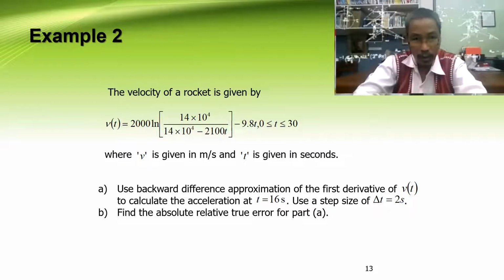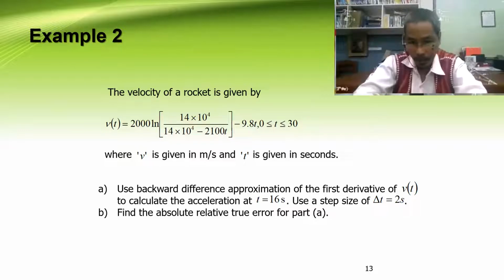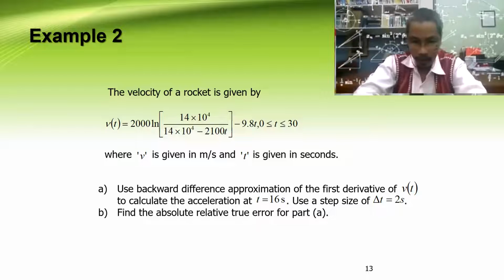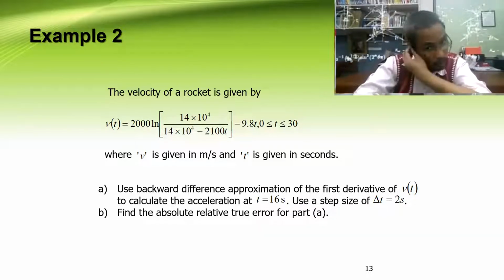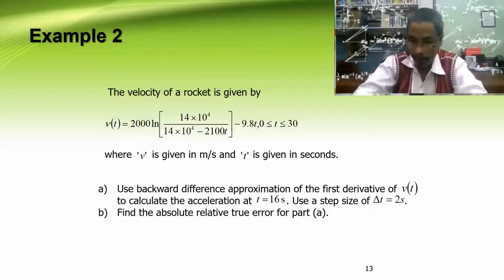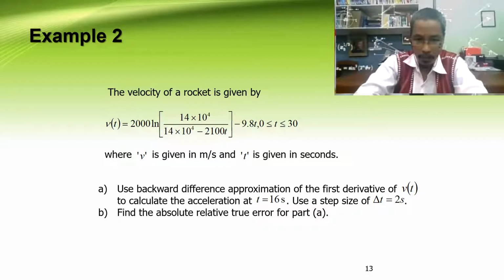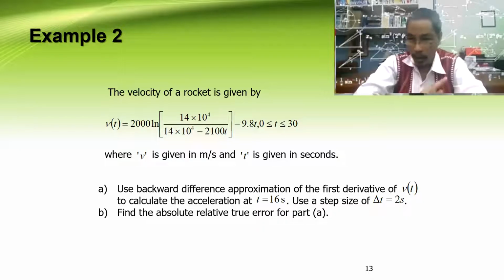We want the acceleration at time 16 seconds. Use a step size of delta t equal to 2 seconds, the same value for delta t. And letter B: find the absolute relative true error for part A. So the same problem, but now using the backward difference method.